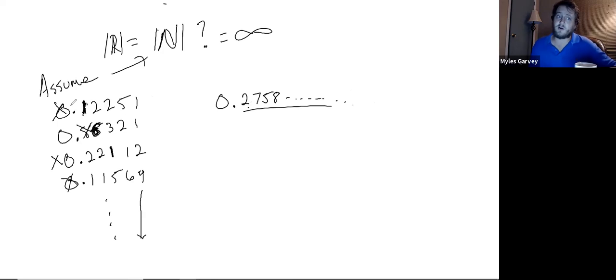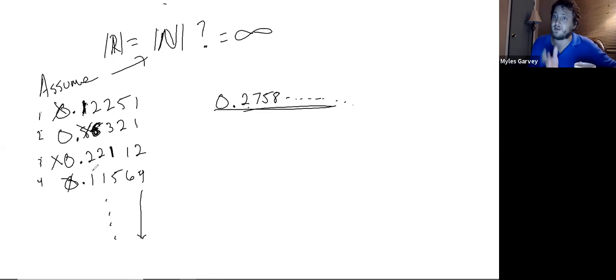And therefore, by listing each one as 1, 2, 3, 4, and so on and so forth, we have not accounted for this number we're constructing. And therefore, we reach a contradiction because we had assumed that whatever number we end up constructing has to be in this list, because this list accounts for every single number in the real numbers.